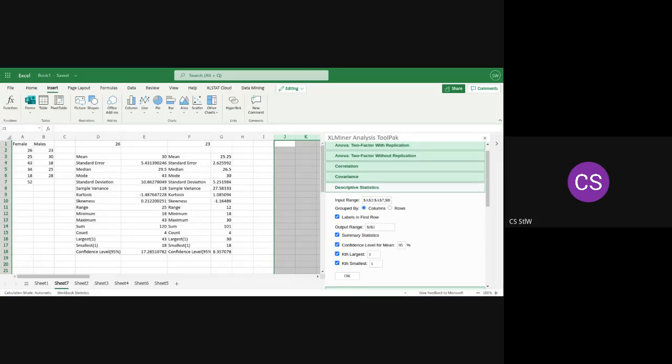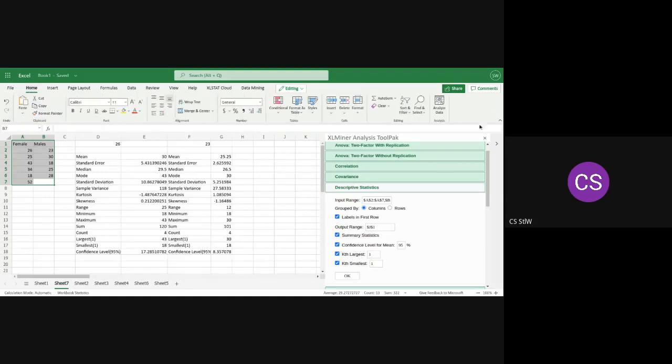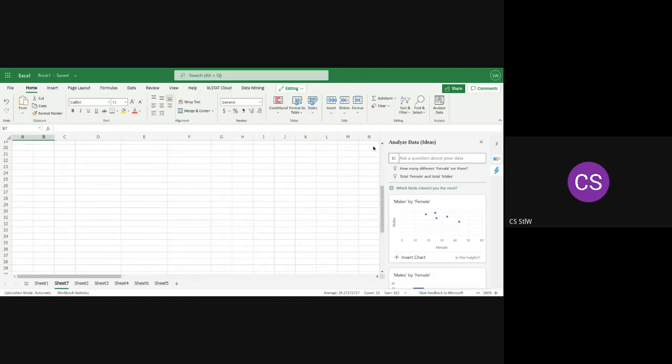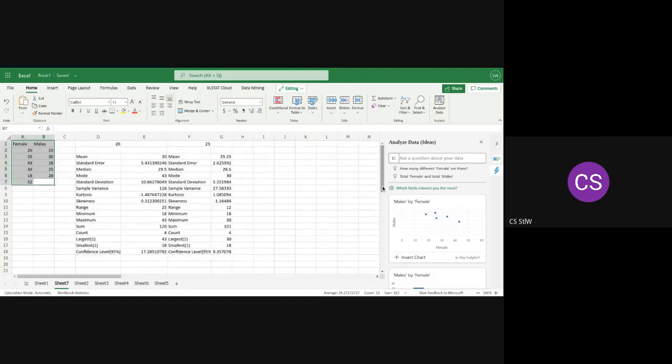Okay, so I want to move on. Another option that Excel gives us without having to add the add-in is on the top, on the home button, you will see the analyze data. It goes ahead and analyzes the data for us and gives us charts to show us. Probably you don't need all these.